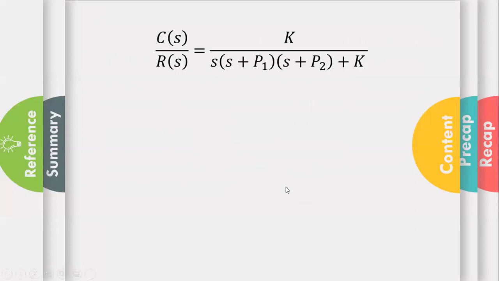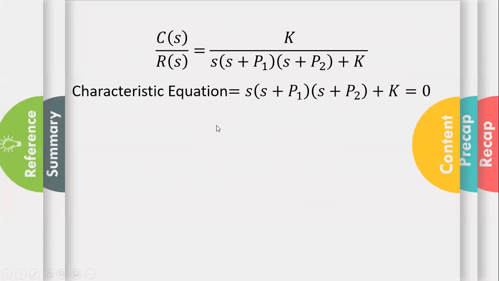So we are left with C of s by R of s equal to k divided by s into s plus p1 into s plus p2 plus k. This denominator of the transfer function is called the characteristic equation. So the characteristic equation for this transfer function is s into s plus p1 into s plus p2 plus k equal to 0.